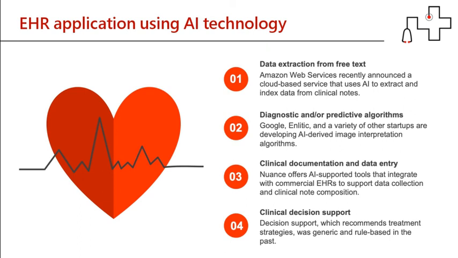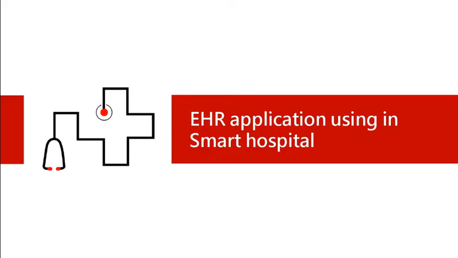However necessary and desirable, it seems likely that the transition to dramatically better and smarter EHRs will require many years to be fully realized. Finally, I'm talking about EHR applications in smart hospitals.